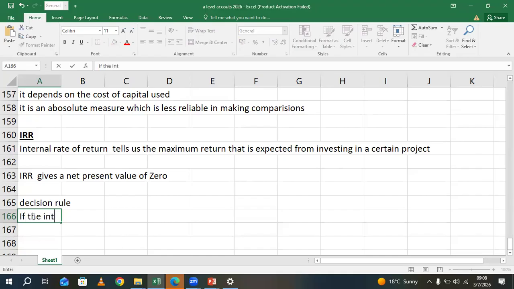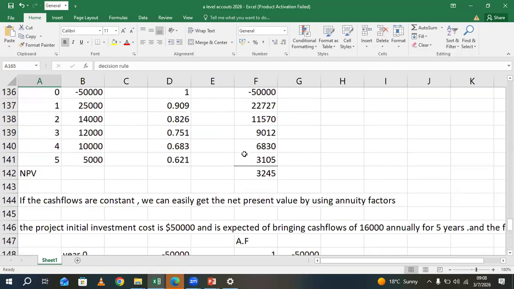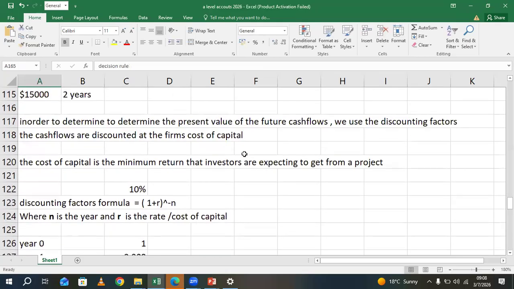Because the internal rate of return is the maximum we're expecting to get from the project, and the cost of capital is the minimum we expect.